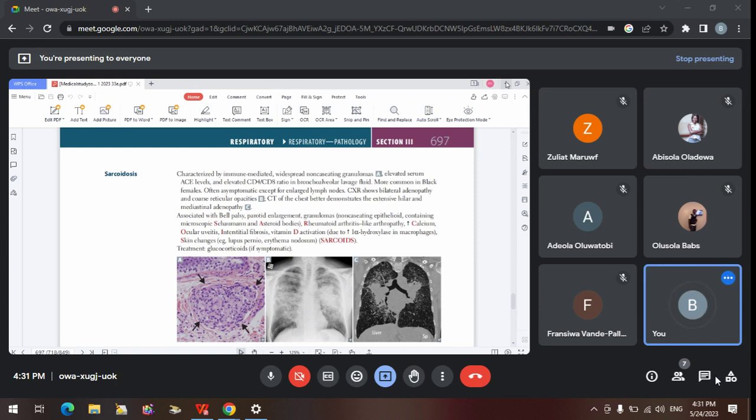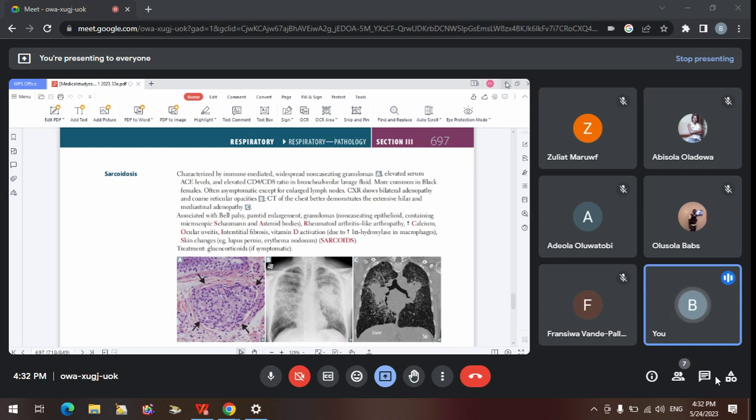And of course, the kind of granuloma that we are expecting in sarcoidosis is a non-caseating granuloma, different from the one you have in other infectious diseases, maybe like tuberculosis, histoplasmosis, and all those ones. Sarcoidosis is non-caseating. There's no central necrosis here.